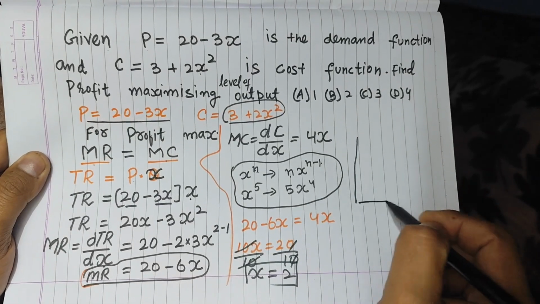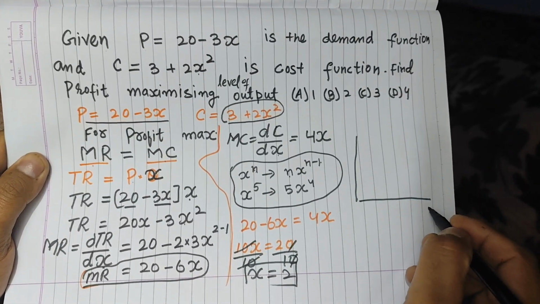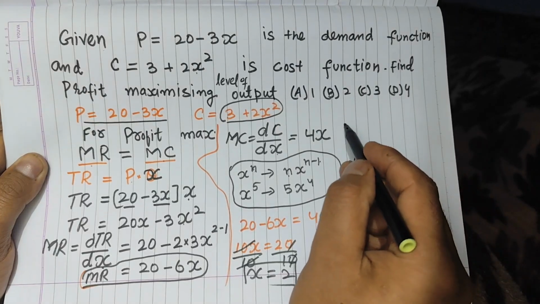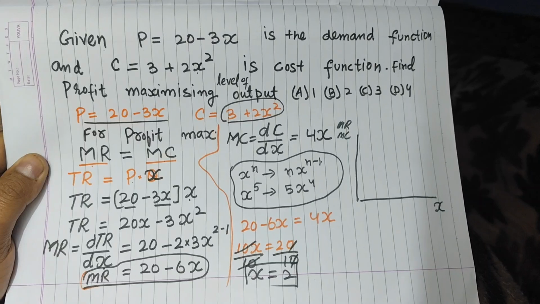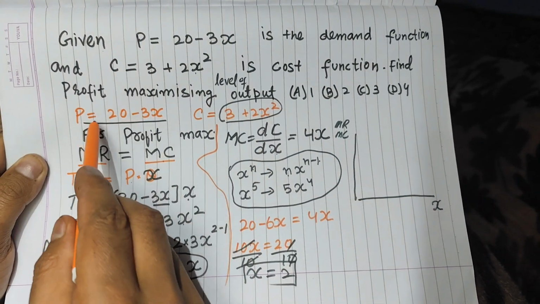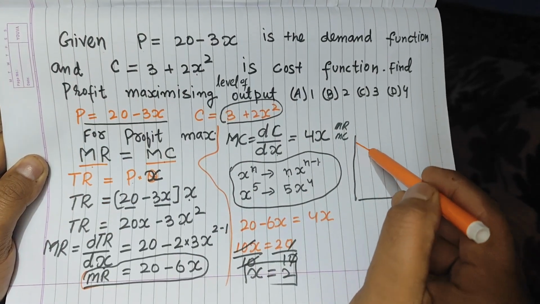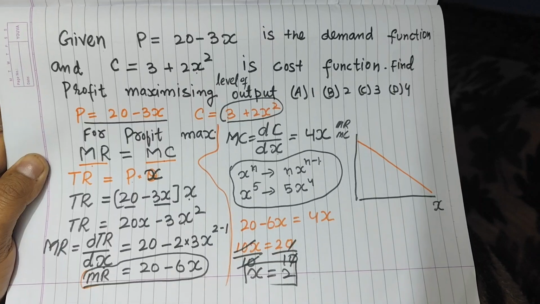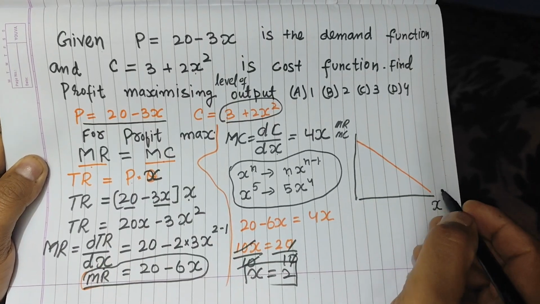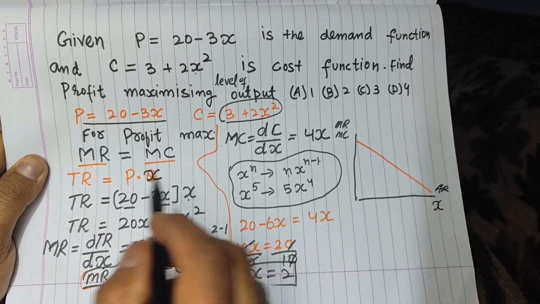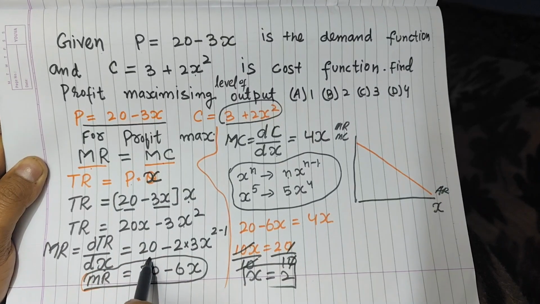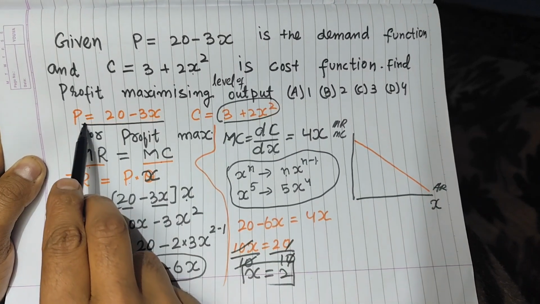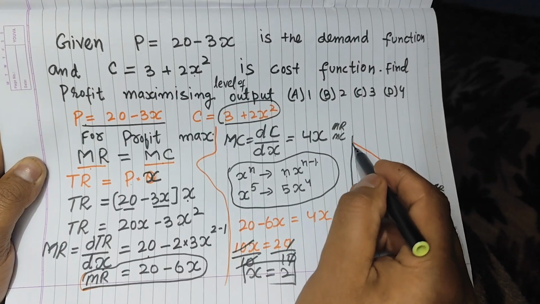Graphically we can also show it, that is if we show the output on the horizontal axis, marginal revenue and marginal cost on the vertical axis. We have this inverse demand function. It will be downward sloping, or it is our average revenue function. Now what is the marginal revenue function? This is our marginal revenue function whose slope is twice that of the inverse demand function. So let me draw it here.